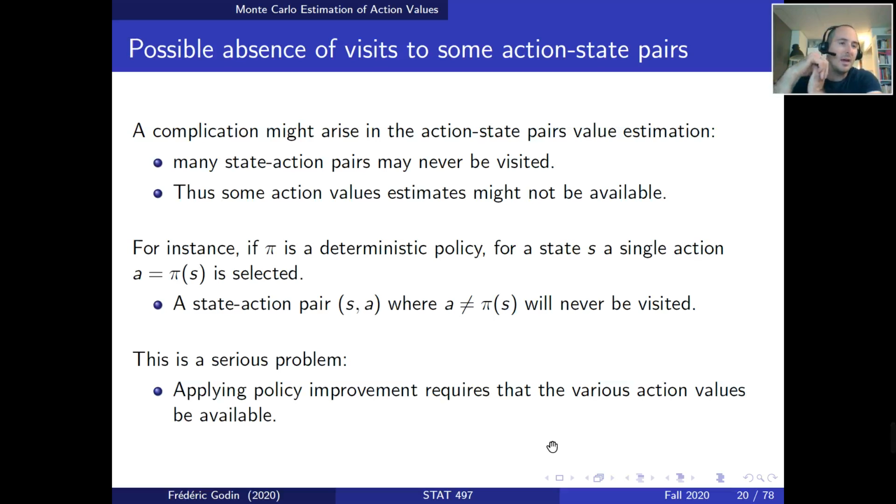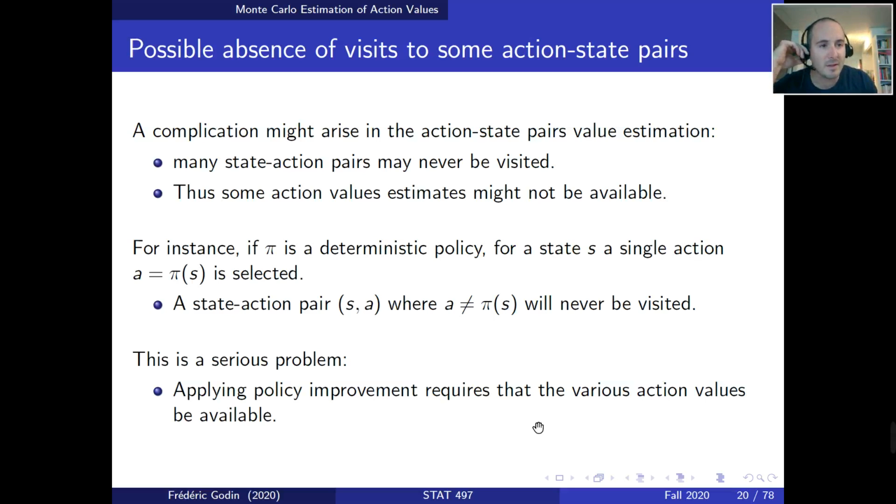Okay, so if across all your episodes you never took action A in state S, this means that you have no returns associated with that state action pair to average so as to estimate the function Q evaluated in SA, the action value function. Because you just have no returns to average, the estimate for that state action pair is just unavailable.